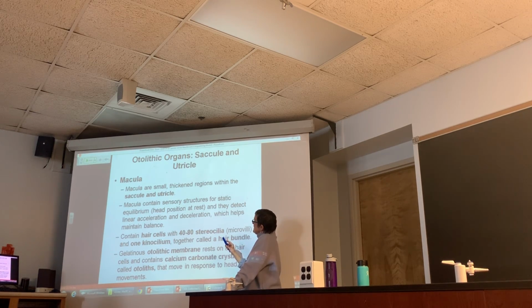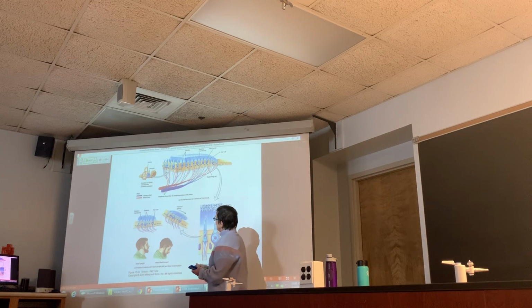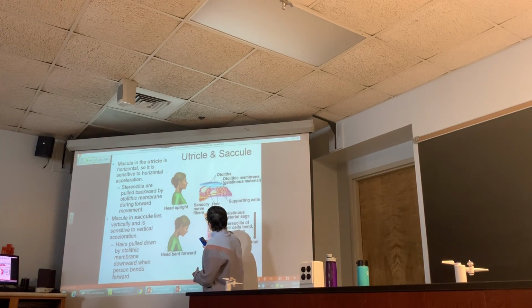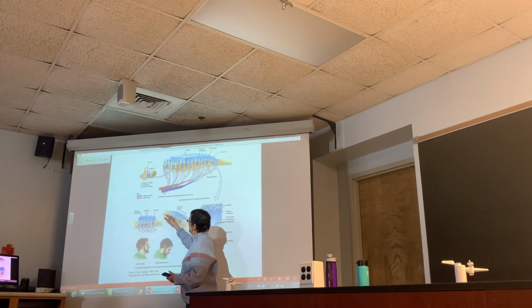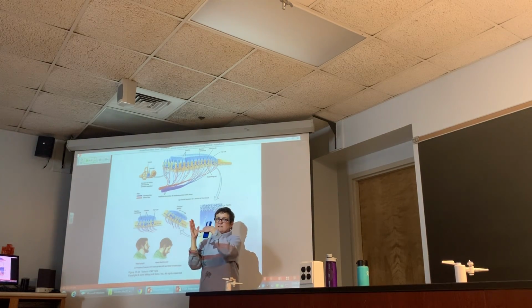So let's look at what's in the saccule and utricle. There's actually a better picture of this somewhere. Here we go. Okay, the saccule and utricle have these structures in them, and they're at right angles to each other. So one runs this way, one runs this way, so that they can detect head movements.